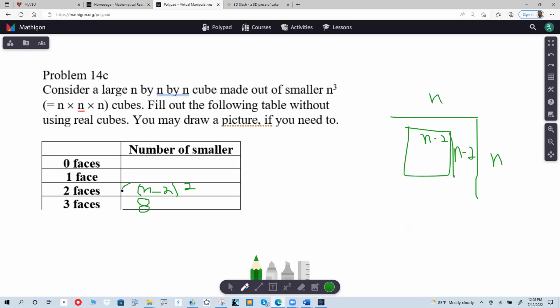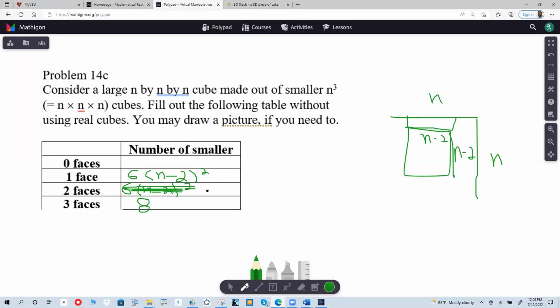Okay. So we have accounted for the one face showing cubes. My bad. 6 times n minus 2 squared is the formula for 1 face showing cubes. Okay, this one, I'm going to scratch it off. 2 face showing cubes were here.